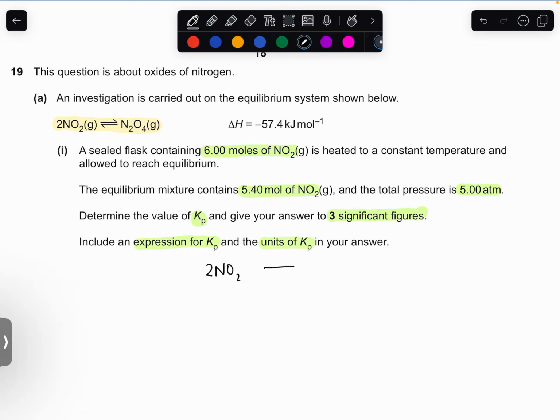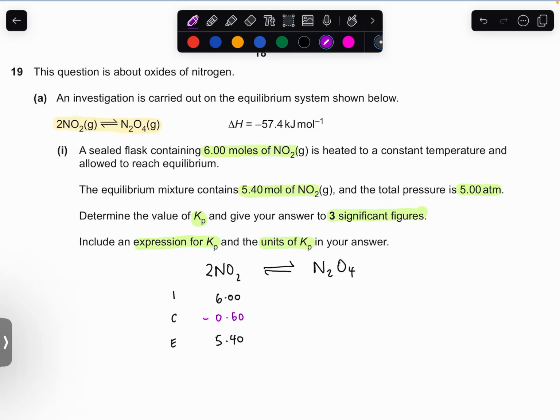In this question, we have 2NO2 to N2O4. If we use the ICE table, initially we've got 6 moles of NO2. At equilibrium, it tells us that there's 5.40 moles remaining. That means there's a change of 0.60.